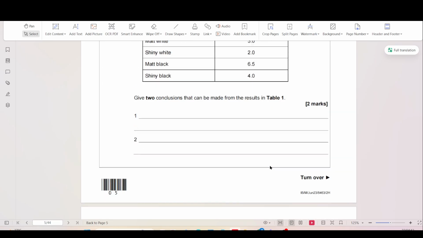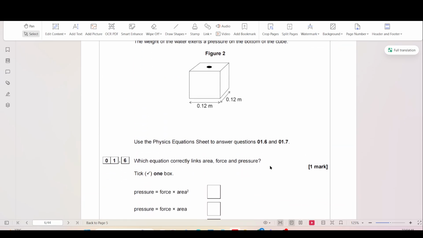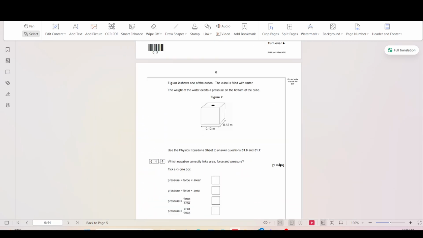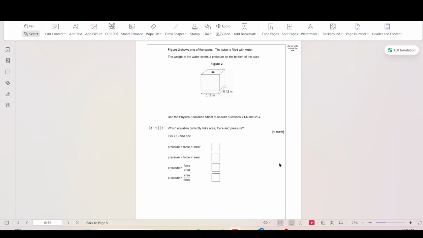Figure 2 shows some of the cubes. The cube is filled with water. The weight of the water exerts pressure on the bottom of the cube. Use the physics equation sheet to answer questions 1.6 and 1.5.